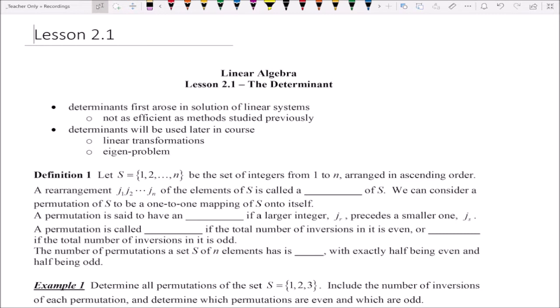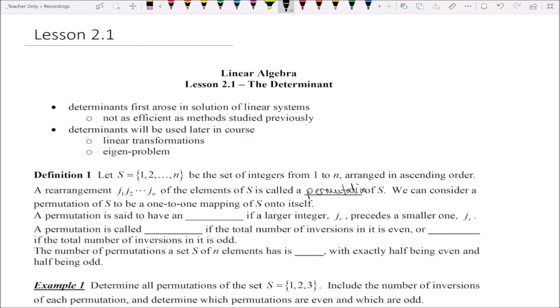A rearrangement of these elements, j sub 1, j sub 2, through j sub n, is called a permutation of the set S. So when you rearrange the elements of a set, it's known as a permutation of that set. We can consider a permutation to be a one-to-one mapping of S onto itself.